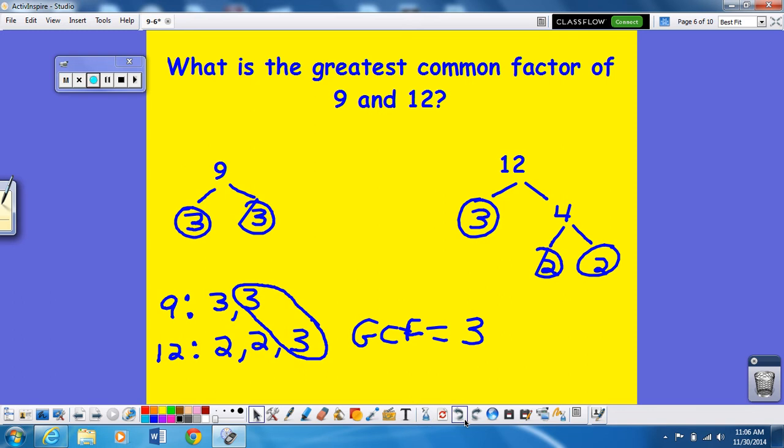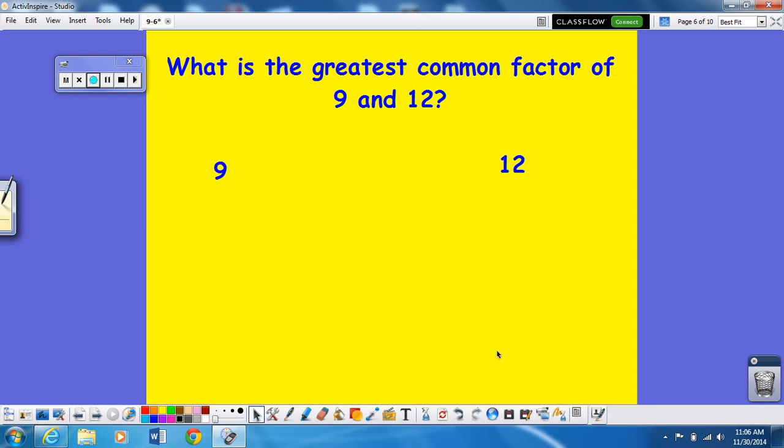Okay, I want to erase this and show you if we had done the list, because you can still do the list if you would rather, if you're not asked to do a factor tree. So let's say we had 9 and we had 12. Let's go ahead and do the factors for 9. I know 1 and 9 are factors, and I know 3 times 3. And I'm finished because I've repeated myself, 3 times 3. 12, I know I have 1 and 12.